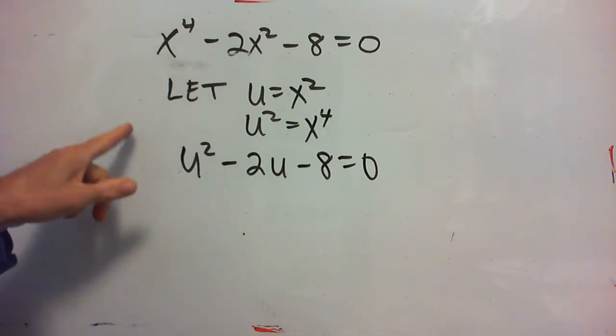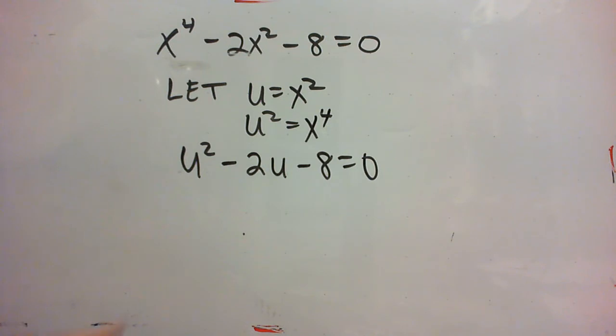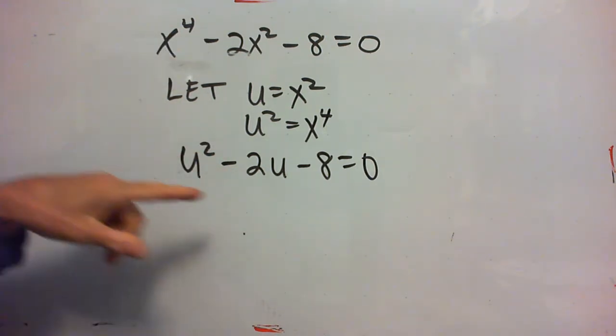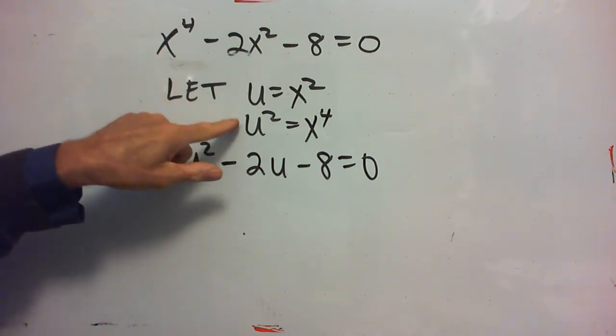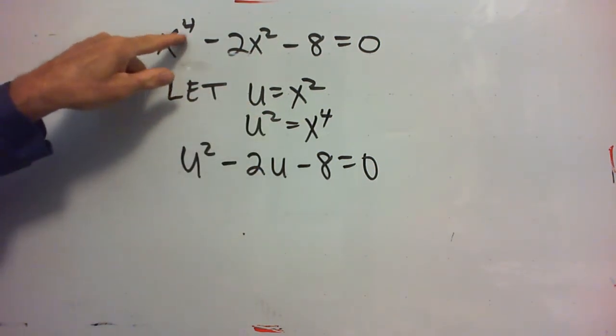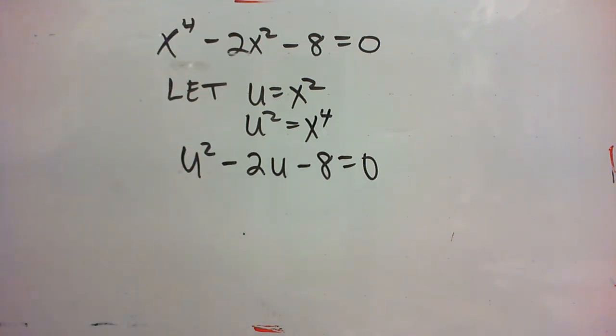Another way to solve these, and probably WebAssign is showing you this method, and it is a method you want to know, because if that does not factor, you'll want to use this method. We let u equal x squared, then u squared becomes x to the fourth, and then we substitute out. We get this new equation in terms of u.